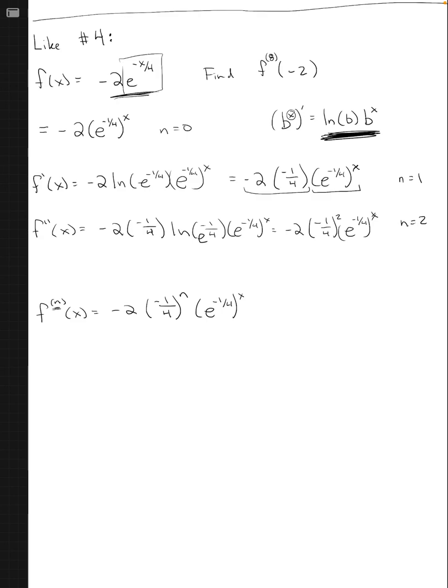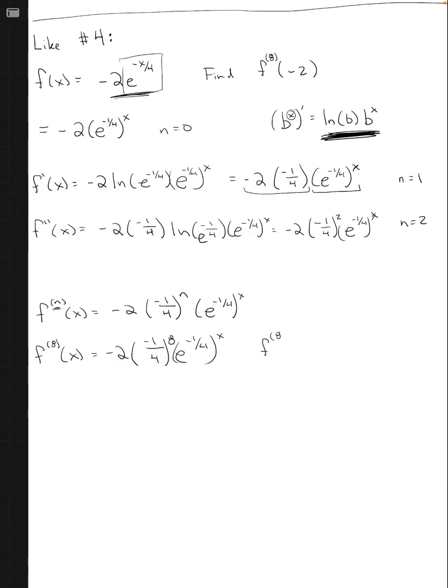So if I want to find the 8th derivative, this is going to be negative 2 times negative 1/4 to the 8th times e to the negative 1/4 to the x.